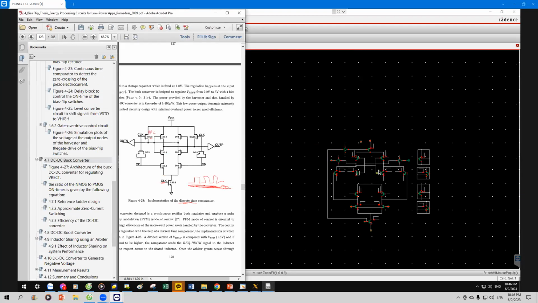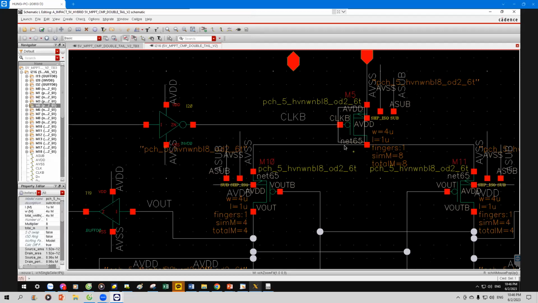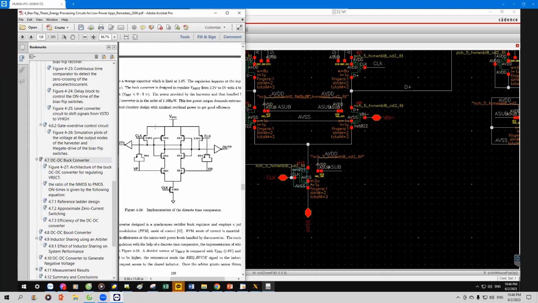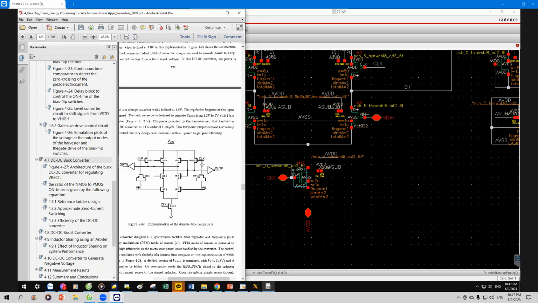Your work is to use PMOS here and NMOS here, and then change your parameters, width and length, from the paper and simulate it.